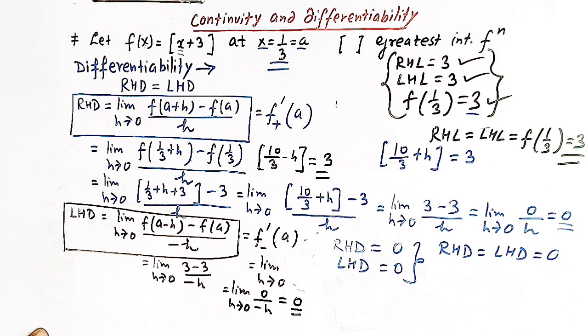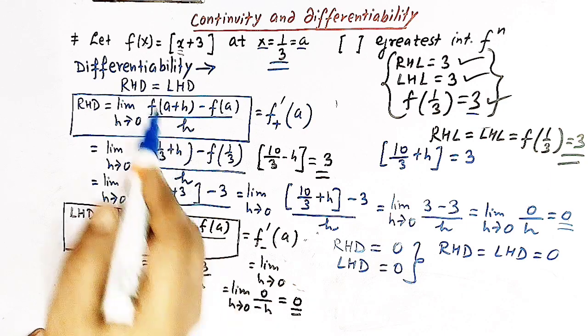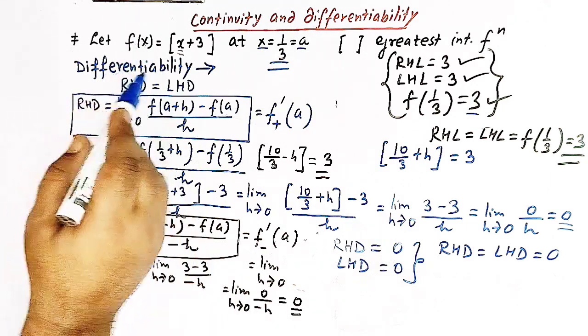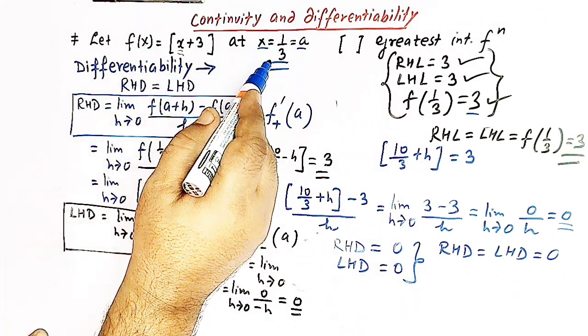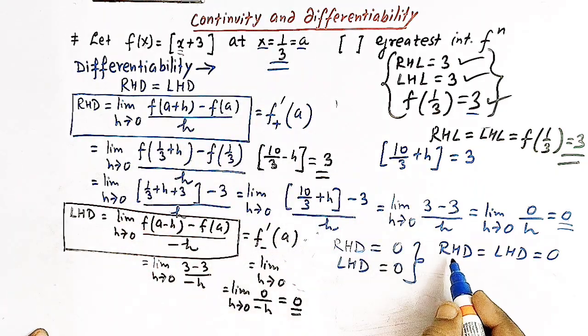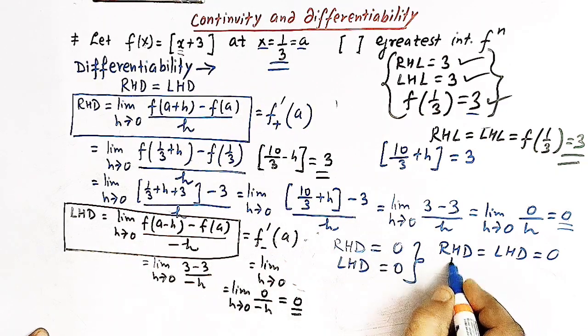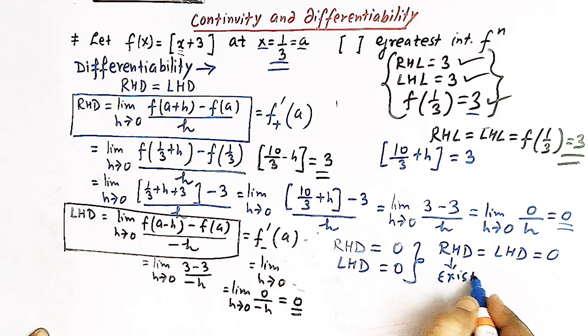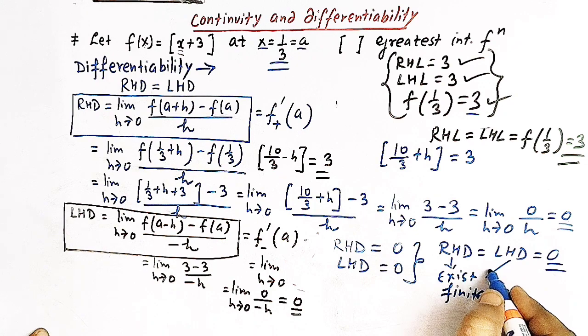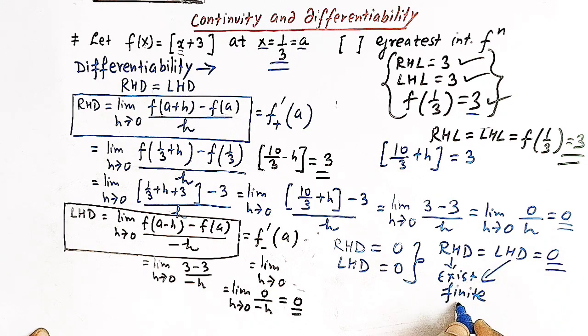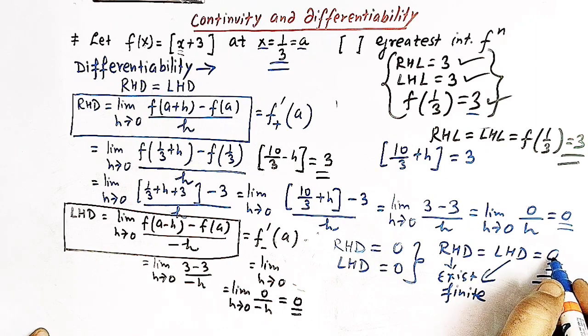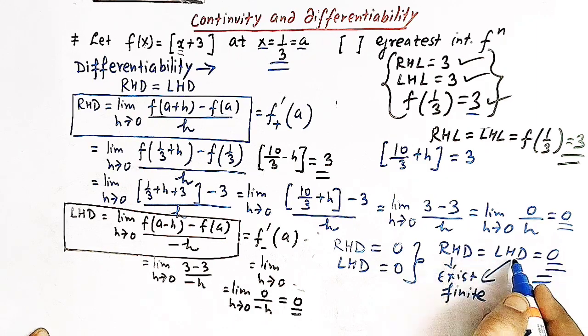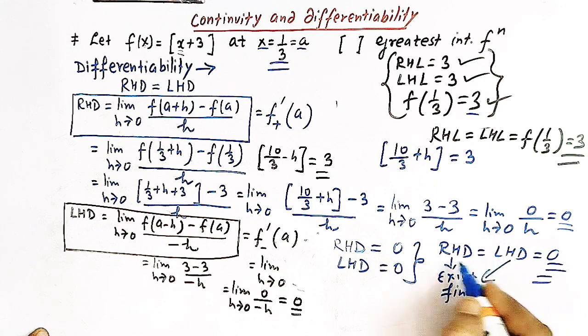So we can now claim that this function is differentiable at x is equal to 1 over 3, because the right hand derivative exists and is finite and equal to 0, and similarly the left hand derivative also exists and is finite and equal to 0. So right hand derivative is equal to left hand derivative, and both are equal to 0, right?